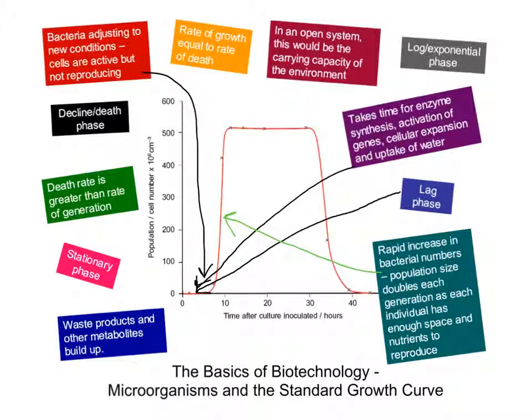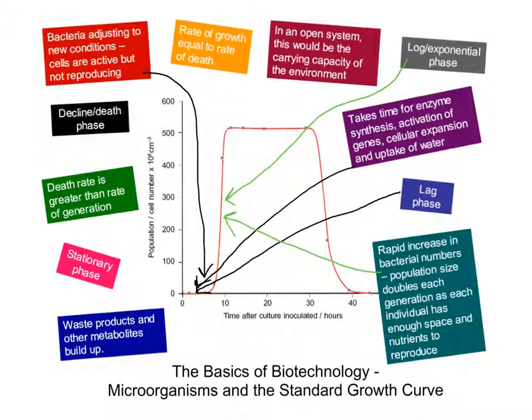And obviously this part has a name, and this is known as the log or exponential phase. So this box here can also join with that one there. So this is the log or exponential phase. We get exponential growth, rapid increase in bacterial numbers because they're thriving in that environment. They have the nutrients to be able to reproduce.